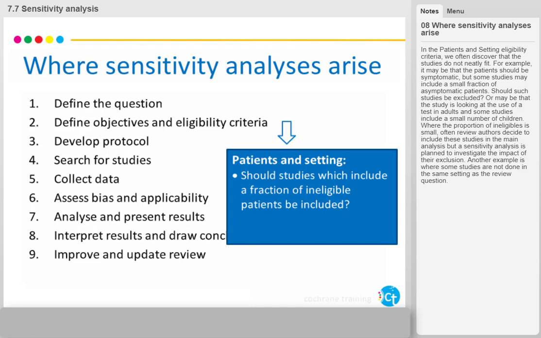Where the proportion of ineligibles is small, often review authors decide to include these studies in the main analysis, but a sensitivity analysis is planned to investigate the impact of their exclusion. Another example is where some studies are not done in the same setting as the review question.